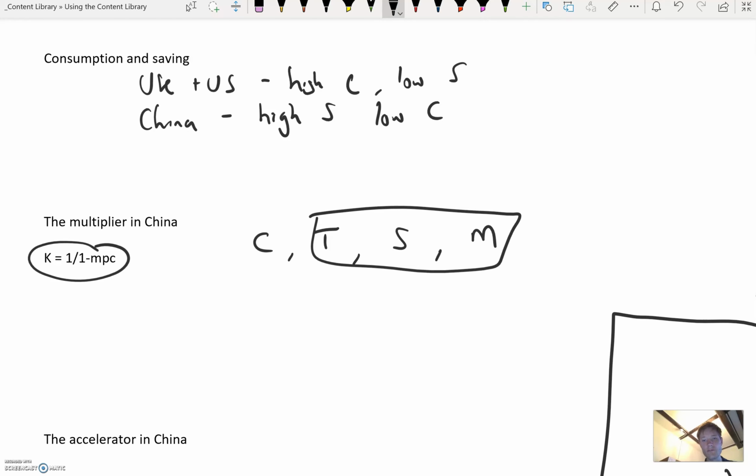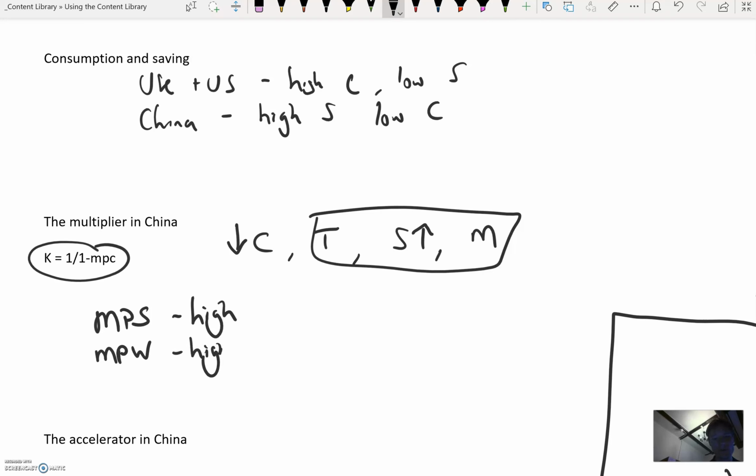Now in the context of China, China has very, very high saving, which then makes its consumption lower. Or put another way, because the marginal propensity to save in China is high, that means that the marginal propensity to withdraw is high, which must mean that the marginal propensity to consume is low. Therefore, if you have, for example, an injection.